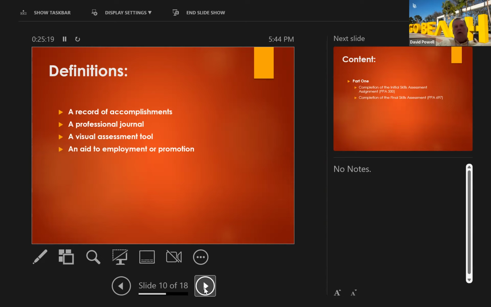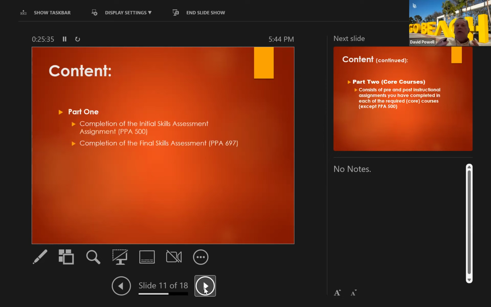And so it's one thing to go on an interview and say, I know how to analyze a budget. That's another thing to say, and here is a budget analysis that I did in my MPA program. So it can be helpful for you in terms of employment as well as promotion. But we have really streamlined the student learning portfolio to make it easier for you to put together.